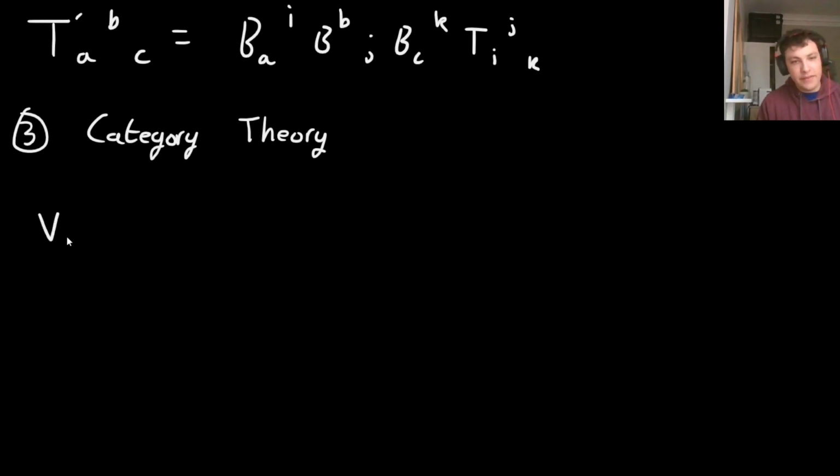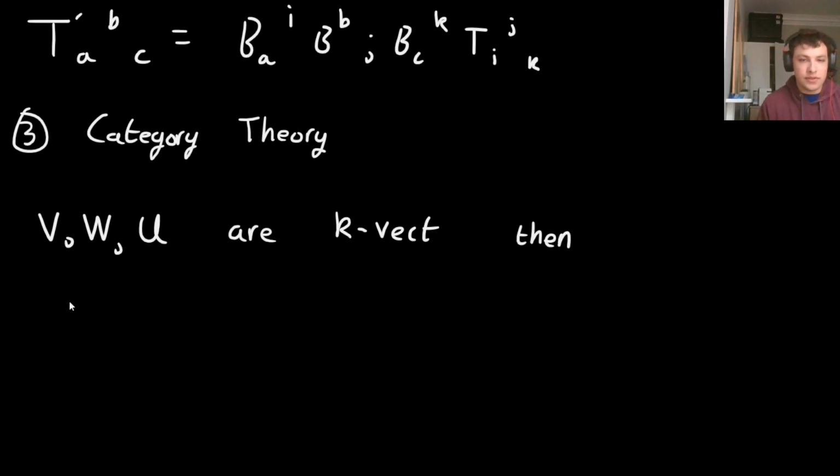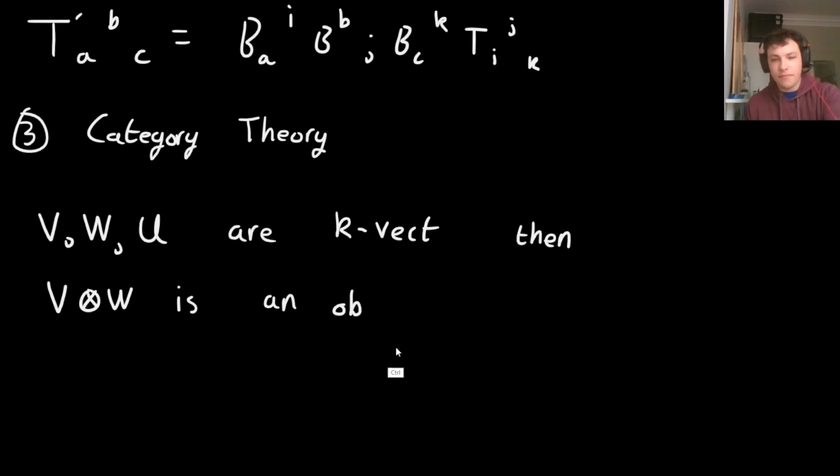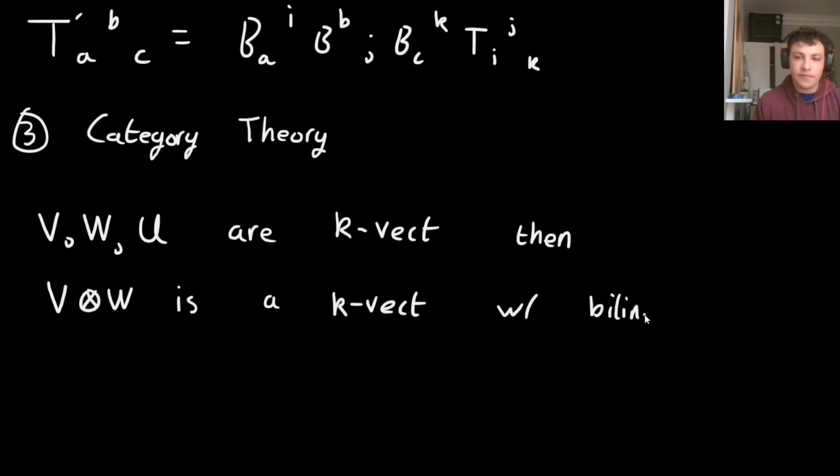But if V, W, and U are k-vector spaces, then the tensor product V tensor W is an object, or it's a k-vector space with a bilinear map from V times W into V tensor W. So in our standard tensor product, (v, w) is going to go to v tensor w.